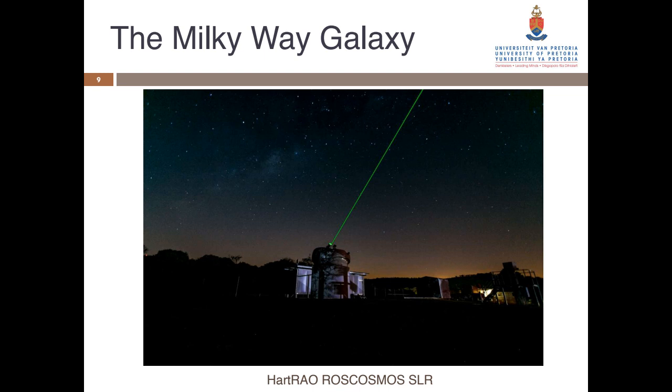These are giant lasers we have at the Hartebeesthoek Radio Astronomy Observatory. We have a primary role for them, and we have basically three of them at the observatory. This one is the Roscosmos laser, provided by Roscosmos, the Russian space agency. We have one from NASA and one we have developed ourselves.